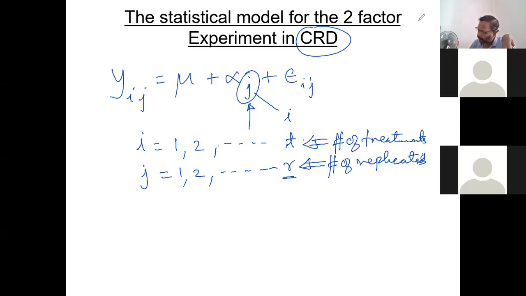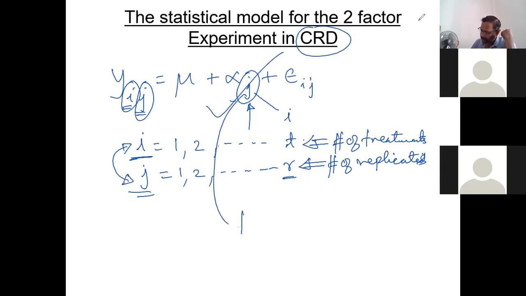So this is how this I and j have been defined. This is treatment, this is replicate. There is no harm, this is correct. Then you'll have to define these two the other way around. This is called the treatment effect.